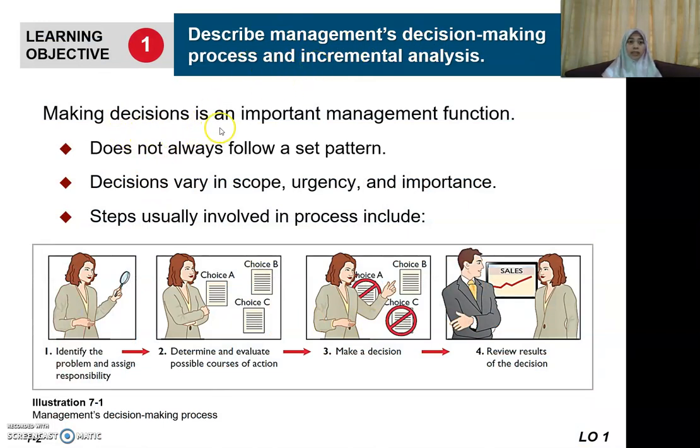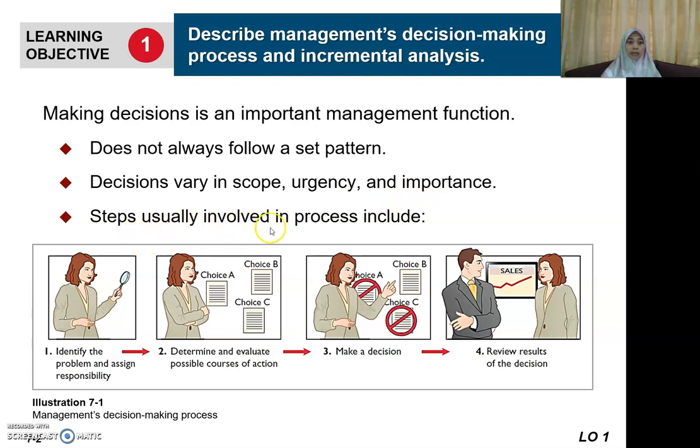So making decisions is an important management function, as we have seen in chapter 1, managerial accounting basics previously, that one of management's functions is to make decisions. But in making the decision, it does not always follow a set pattern. Decisions vary in scope, in terms of urgency and importance, so it will be on a case by case basis.